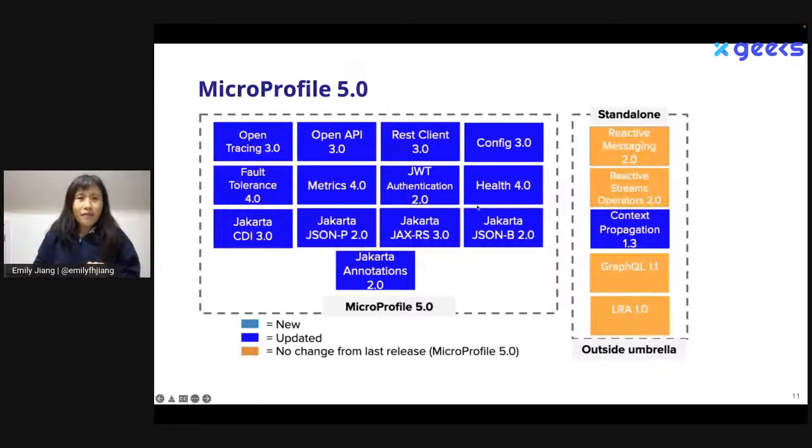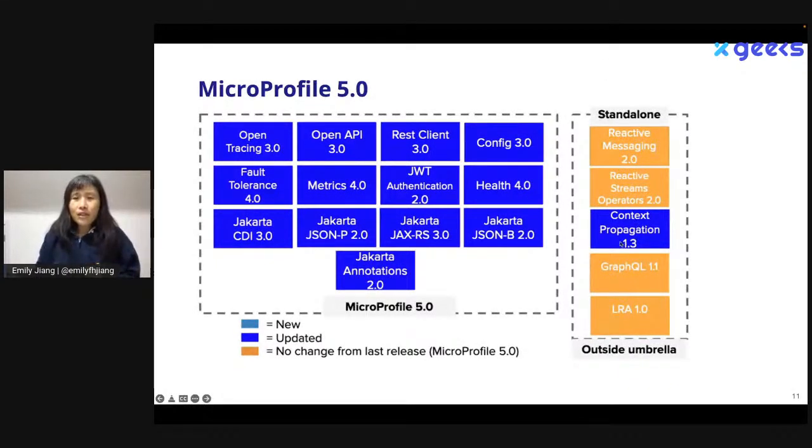In 5.0, all of these MicroProfile 4 specs have major changes, and these 5 Jakarta specs have major changes because they changed the namespace. So they no longer depend on javax; now they depend on the Jakarta namespace.